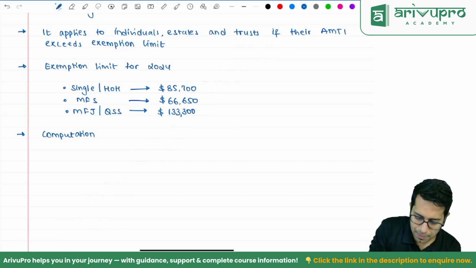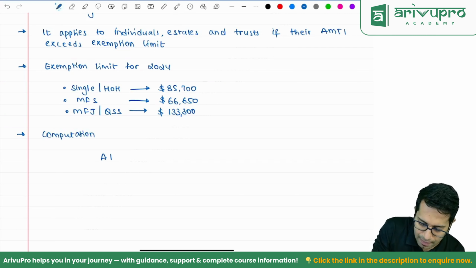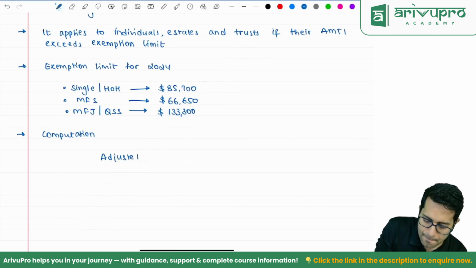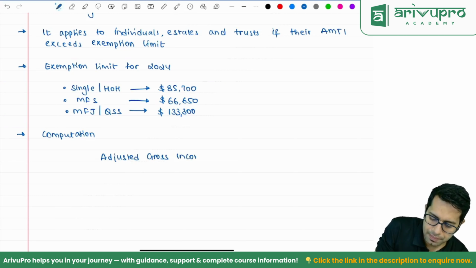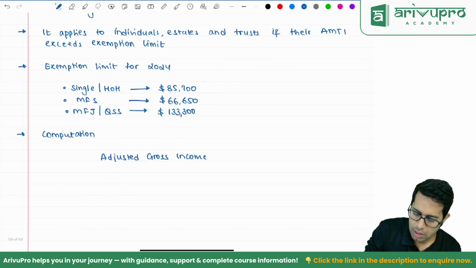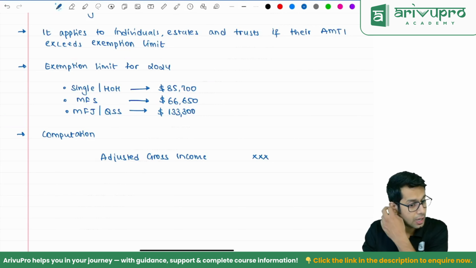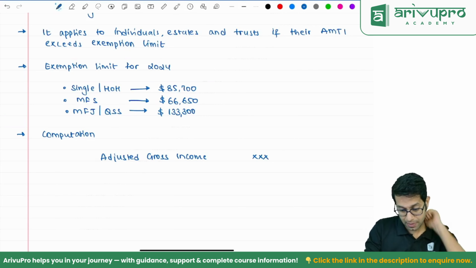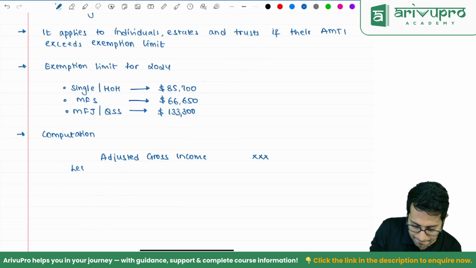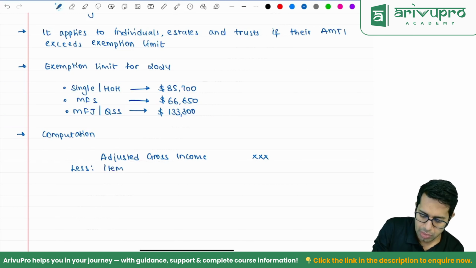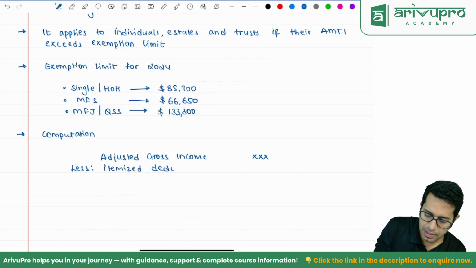For computation purposes, you first start with your adjusted gross income. From that, you subtract your itemized deduction. The lawmaker says we are going to give you the itemized deduction.